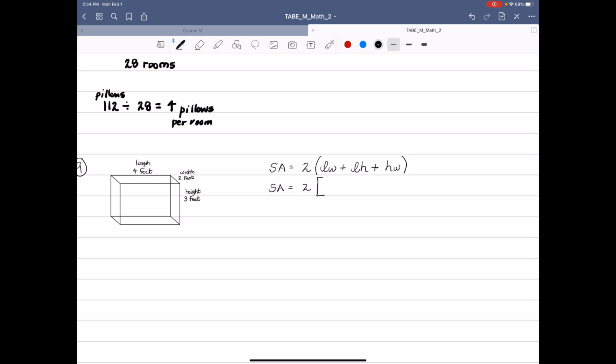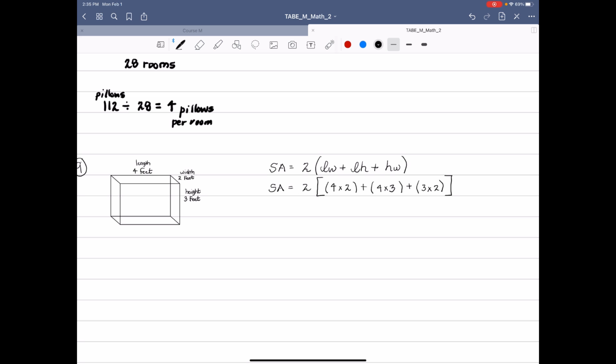L times W. So in that, I'm going to make parentheses. L is 4, and W is 2. Length times width is 4 times 2. Plus length times height. So I have 4 times 3 plus height times width. 3 times 2, close the brackets.